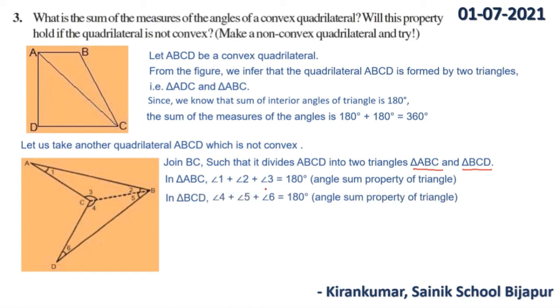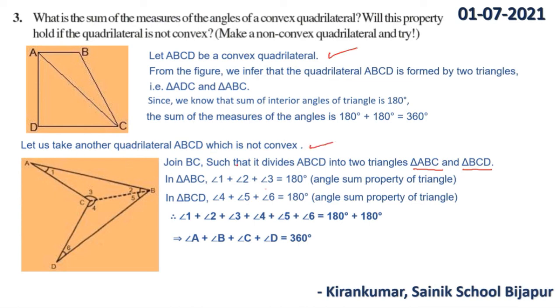Same is the case with triangle BCD. Now if you add all these angles, we get the sum as 360 degrees. Hence, the sum of the interior angles is 360 degrees in both convex and concave quadrilaterals, where a quadrilateral which is not convex is a concave quadrilateral.